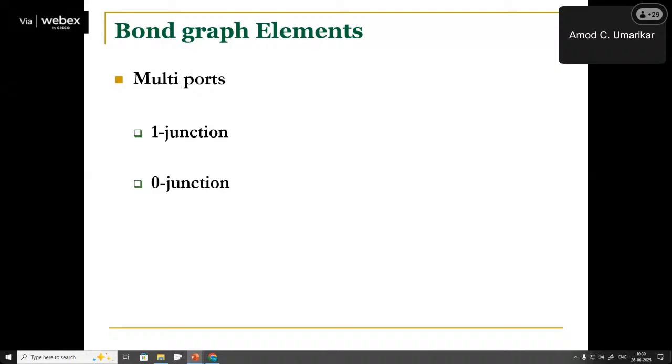And multi ports: one junction and zero junction. One junction, from an electrical point of view, we can say is a loop, and zero junction, from an electrical point of view, is kind of a node. We will also understand what it is.